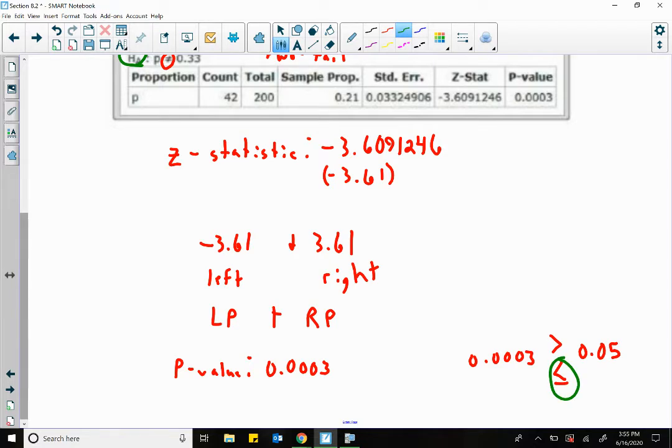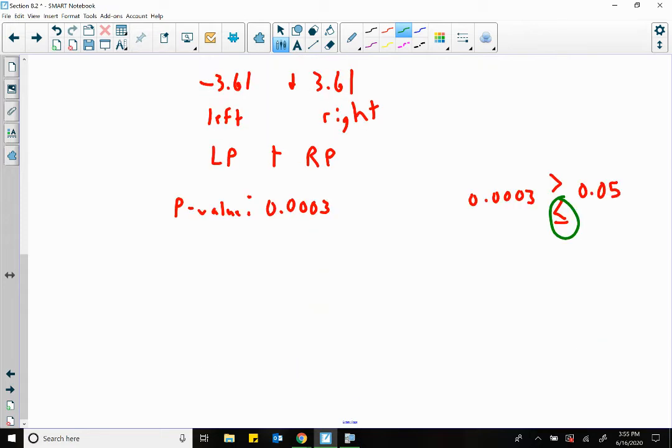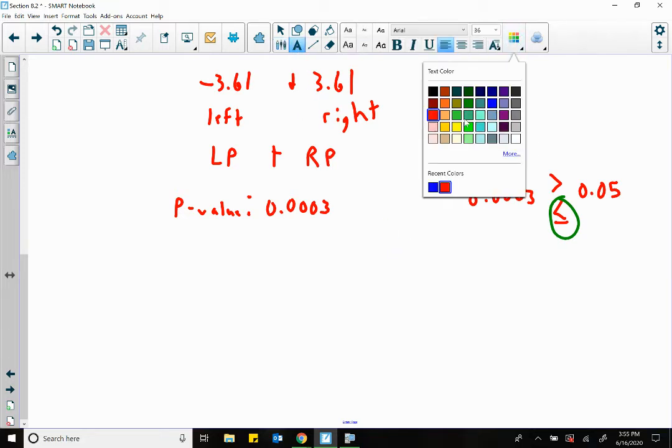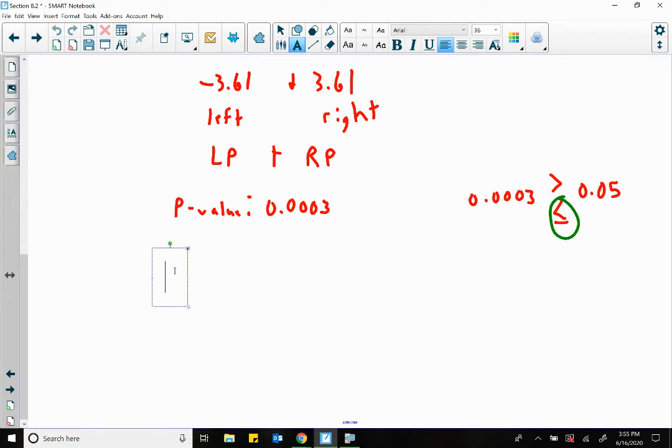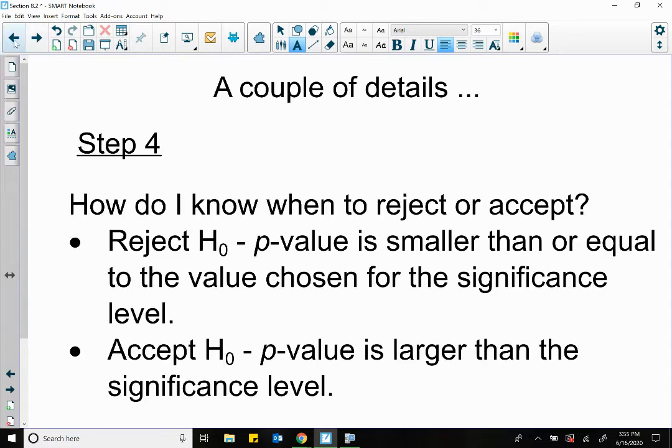So now we enter the interpret phase. Okay? So in the interpret phase, the first thing you're going to say is that you're going to reject the null hypothesis. Okay? So that's the first thing that you want to do on this. Because if you remember, when the p-value is smaller than or equal to the chosen significance level, we reject.